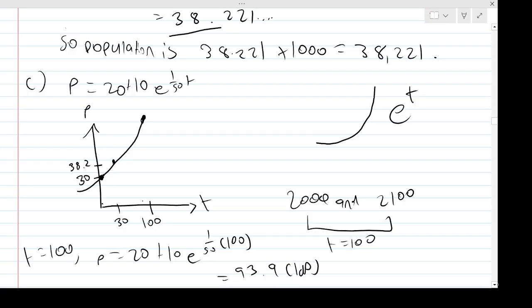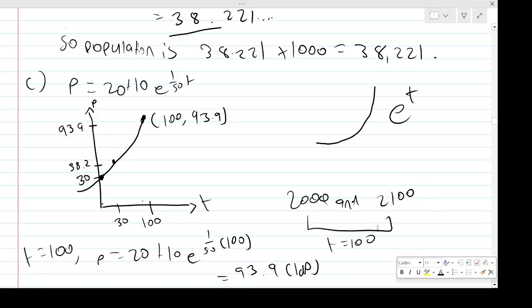So if I extend the graph for P just slightly, that value will be 93.9. So that coordinate is, sorry, t is 100, P is 93.9. It has a cut-off point because that is the year 2100. They don't want any more years after that. So crucial detail there.